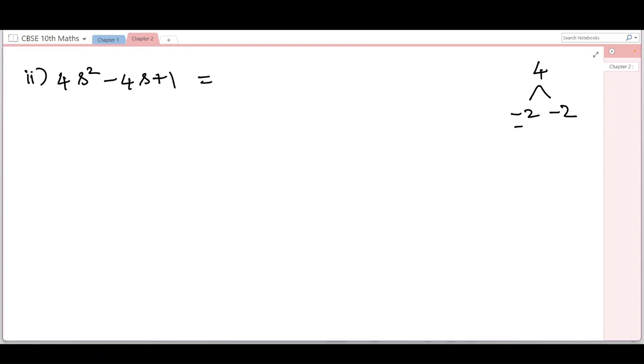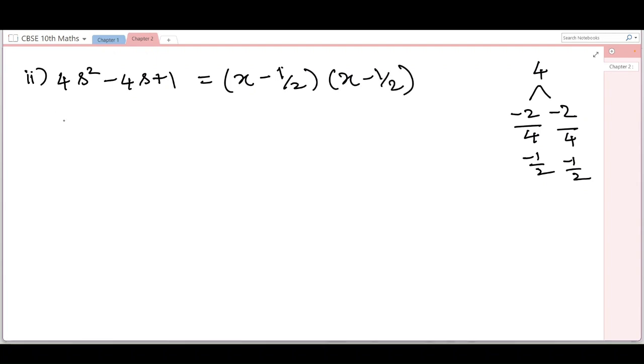By dividing it by the coefficient of s square, we will get minus 1 by 2. So the factors are s minus 1 by 2, s minus 1 by 2. Therefore, for the values 1 by 2, comma 1 by 2, the given quadratic polynomial will have the value 0. Therefore, the zeros are 1 by 2, comma 1 by 2.